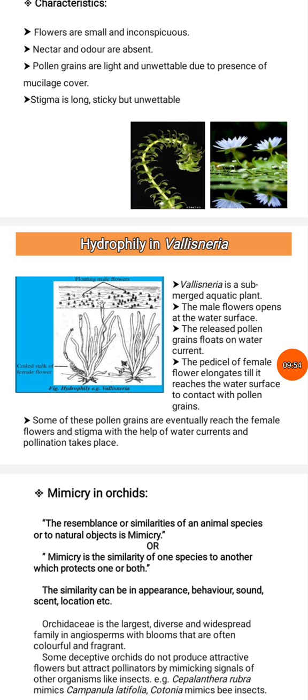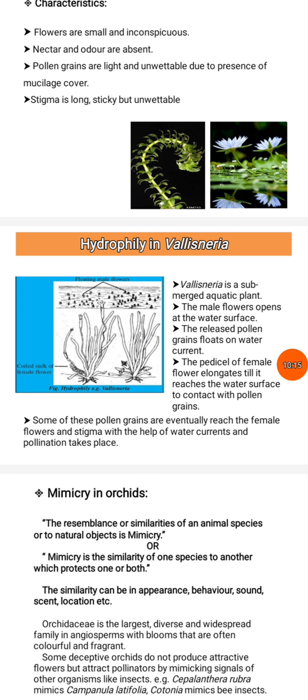Initially the female flowers are also submerged in water. Each male flower has three perianth and two anthers. When the female flower matures, it starts to float on water by elongation of the stalk.